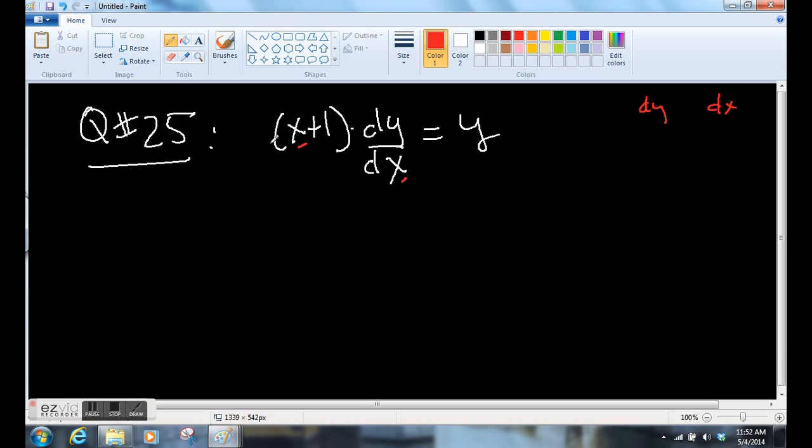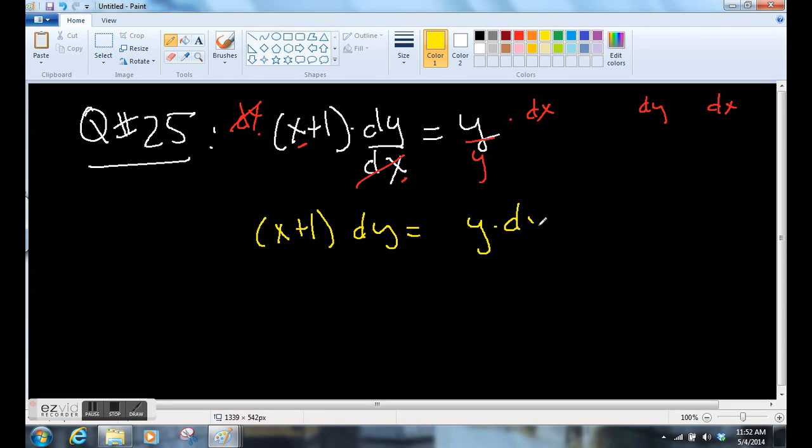So we're going to multiply both sides by dx to get rid of the dx here. Let me do this step by step. So we have x plus 1 times dy is now equal to y dx, and I want to leave the dx and dy up top, in the numerator, but I want to move the x plus 1 over to this side, so divide everything by x plus 1, and then divide everything by y, or times 1 over y.